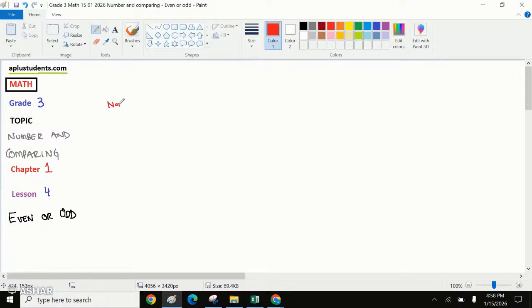Numbers ending with a 0, 2, 4, 6, or 8 are even numbers. Any number that ends with a 0, 2, 4, 6, or 8 would always be an even number.